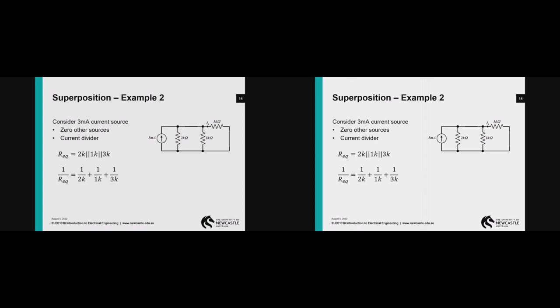At this point, I break out my calculator because it's just too much trouble to try and think through that and do it in my head. It's Friday afternoon, after all. And you get the equivalent resistance is 0.54 kilo ohms.